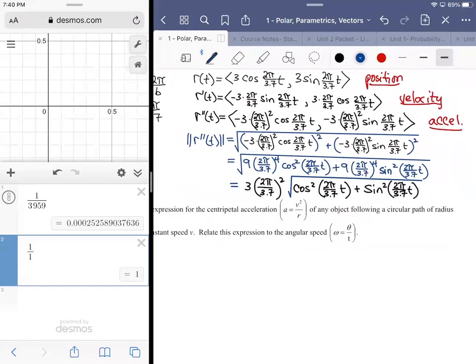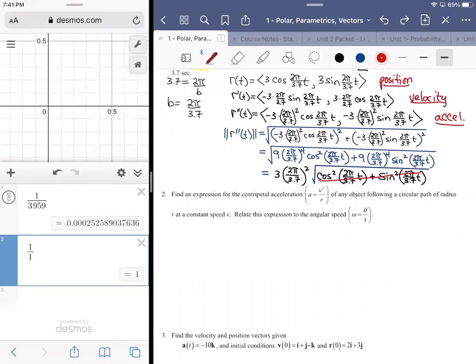But cosine squared plus sine squared, regardless of what's contained within the functions, as long as they're the same, is going to cancel to a 1. So I'm really just left with that 3 times 2 pi over 3.7 squared. That is the acceleration value.